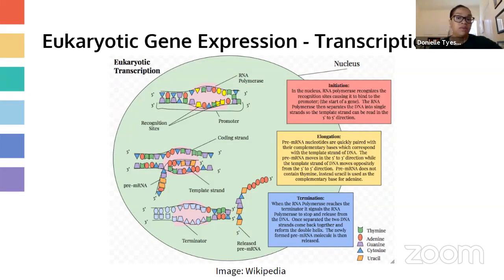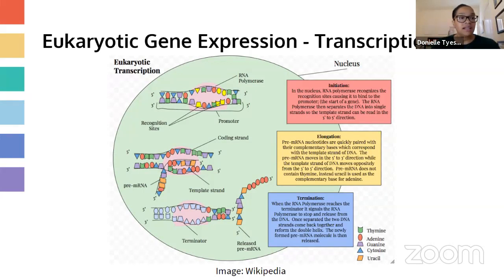The end product of transcription is a pre-messenger RNA transcript that is then cut by spliceosomes, and you have two different types of material on there. You have introns and you have exons. Introns do not code for amino acids and exons do.